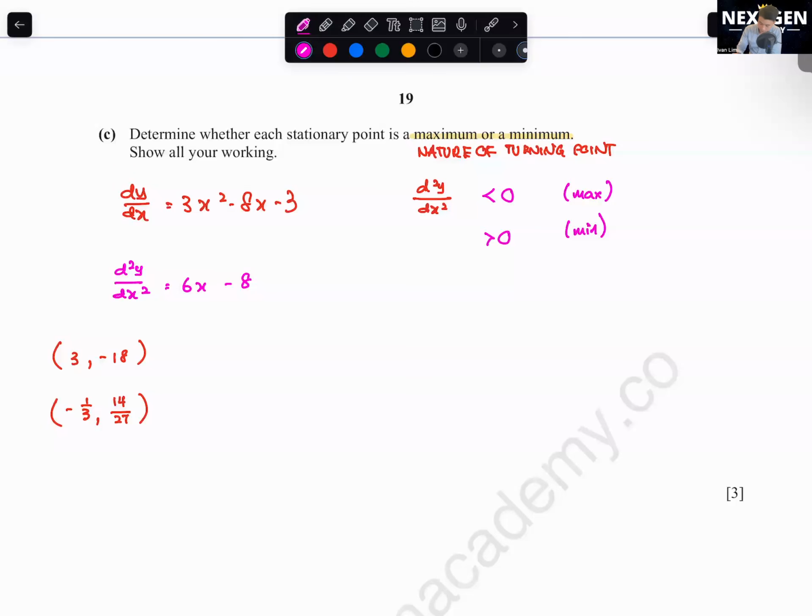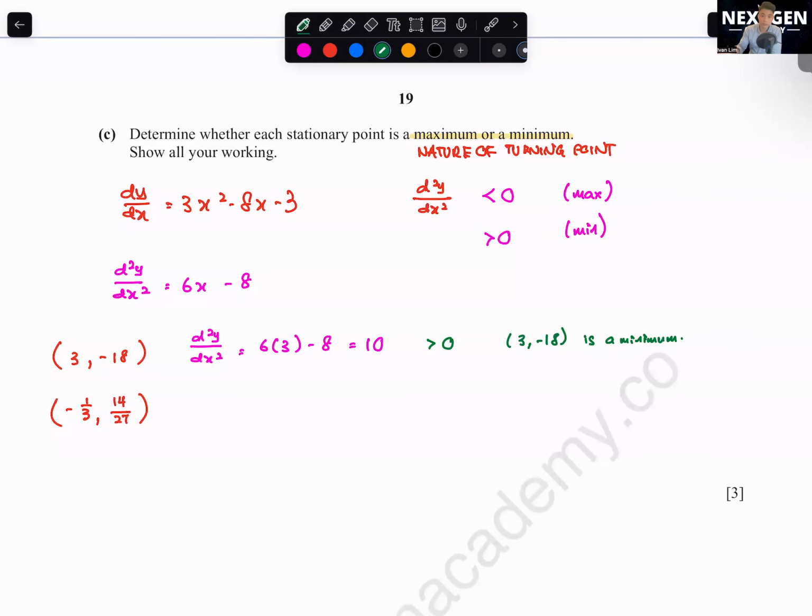Let's substitute in the value. d squared y over dx squared equals 6 times 3 minus 8. So you get 10. 10 is more than 0. So that means (3, negative 18) is a minimum. Just need to memorize the theory of it.